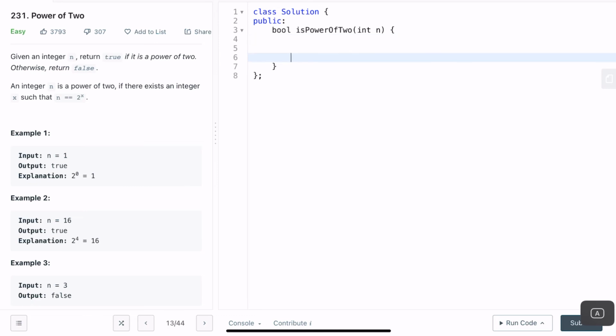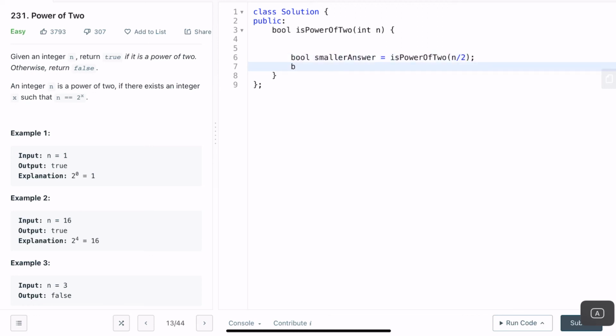The very first thing that we discussed in our intuition is that we'll blindly assume that this method works for a smaller input. So we'll first get the answer for our smaller input, which is n divided by 2, and we'll assume that this answer is correct.